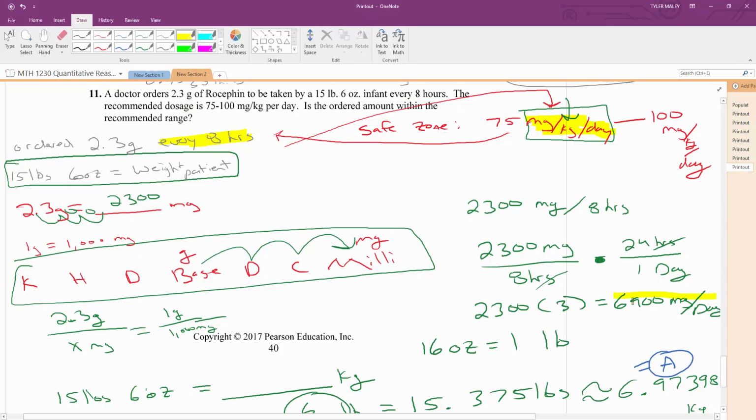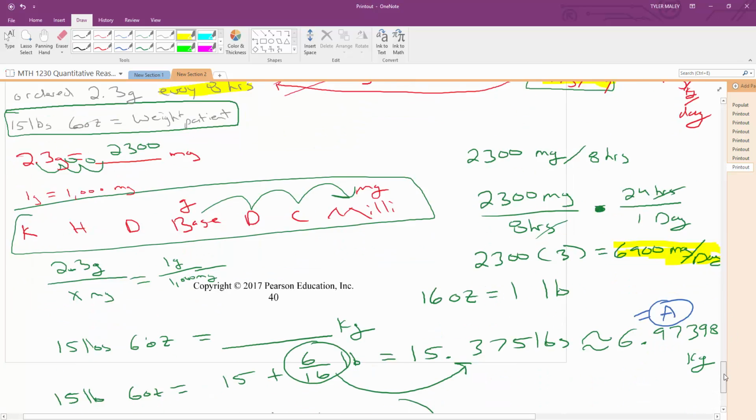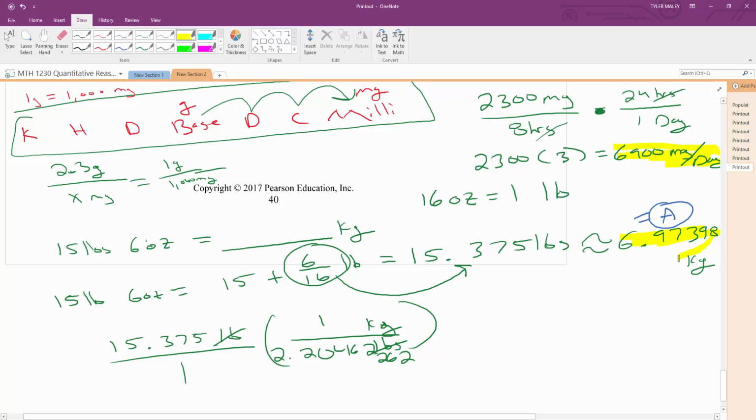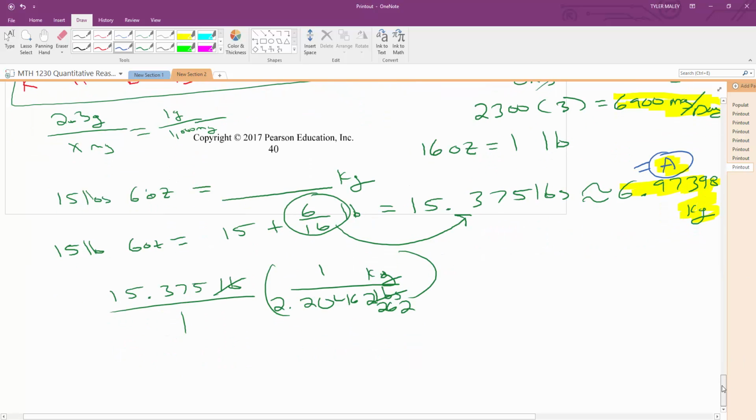I have 6,900 milligrams per day, and I know the 6.97398 kilograms, which is how much my patient weighs, which I stored as A. So what I need to do next is take 6,900 milligrams per day and divide it by 6.97398 kilograms.